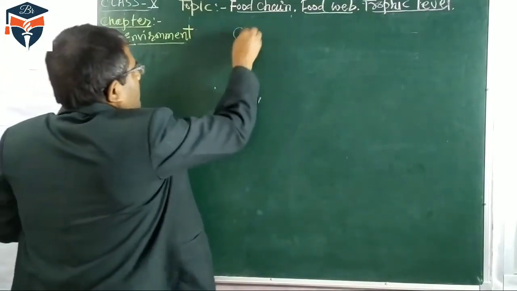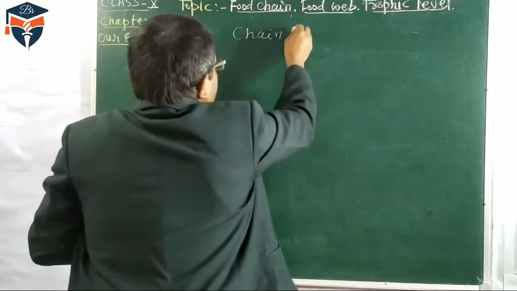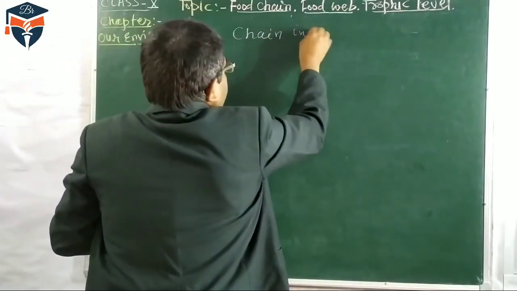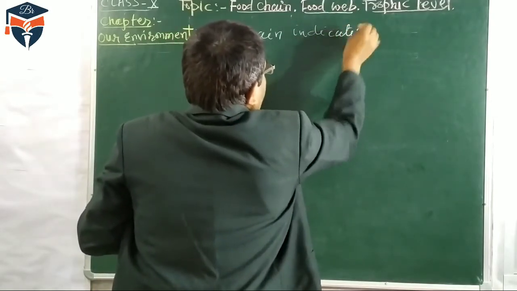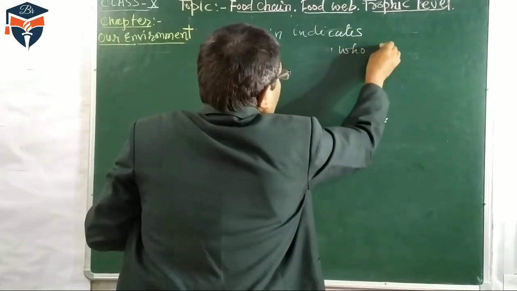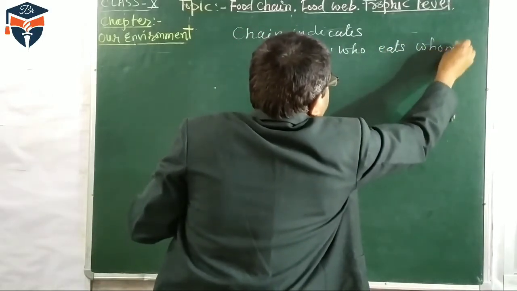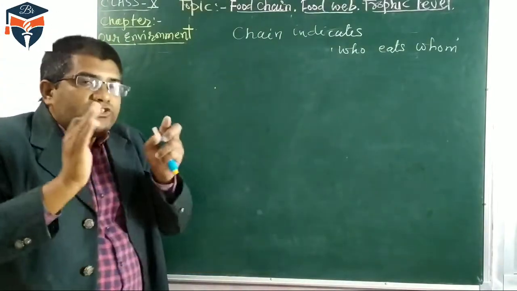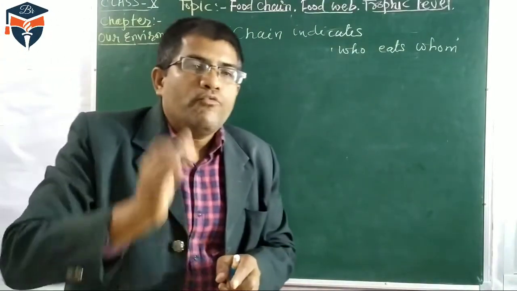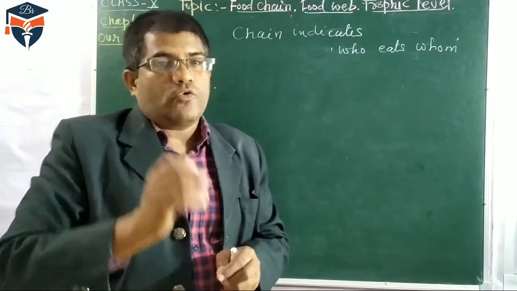In brief, it is a chain which indicates who eats whom. It means by this chain we come to know which organism feeds on which other organism in the ecosystem.